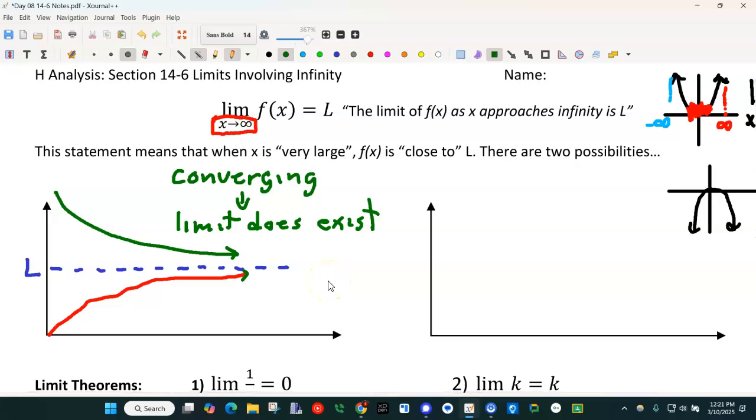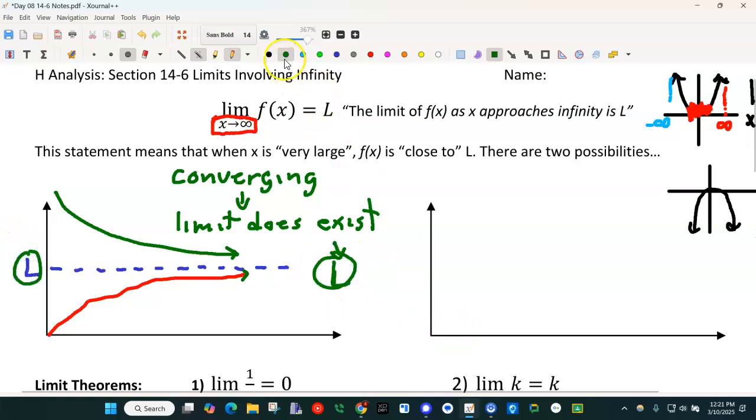If you don't have a graph, maybe it's something where you can already know what it looks like, whether it's x squared, x cubed, even log of x, even power functions, sine of x, cosine of x. We know what these graphs look like in general. So sometimes we can come up with it, and the limit does exist, and that answer is whatever L is. That's what we're looking for.